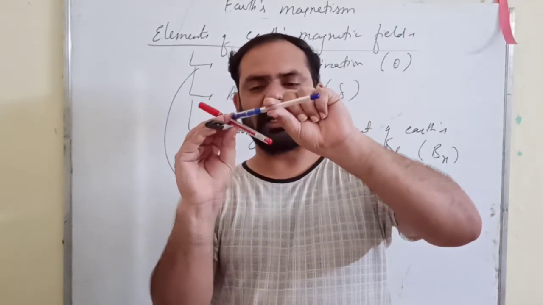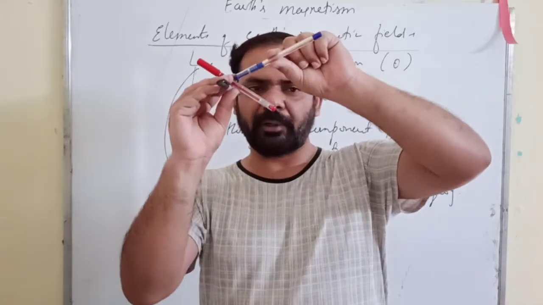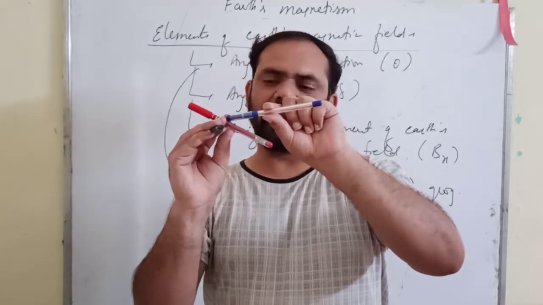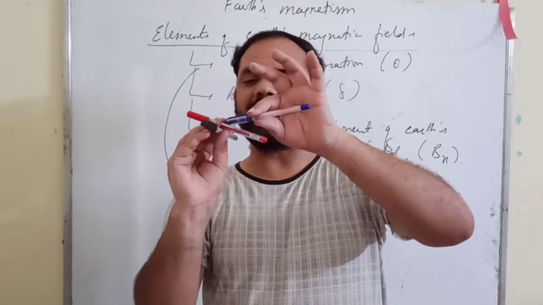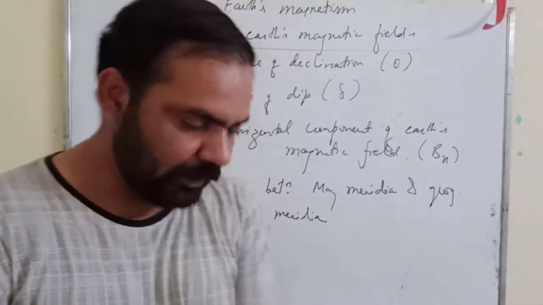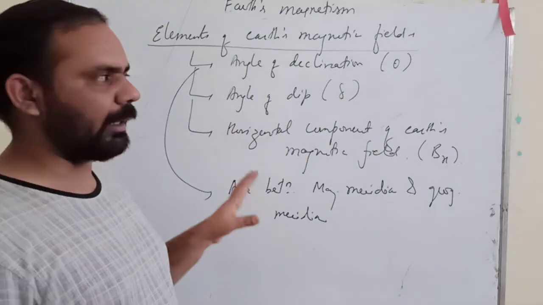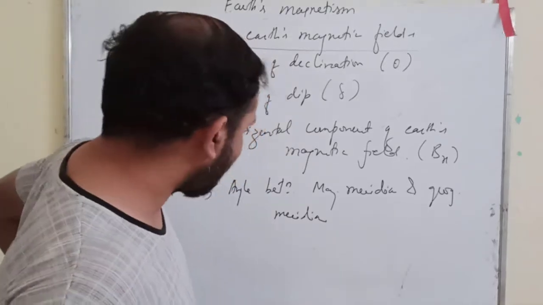How much angle it has completed vertically, the angle between the red pen and the blue pen, this is your angle of dip. The angle between the blue pen and the black pen is the angle of declination. So the angle of declination and angle of dip, we can measure with the help of a suspended bar magnet at a particular place, right?